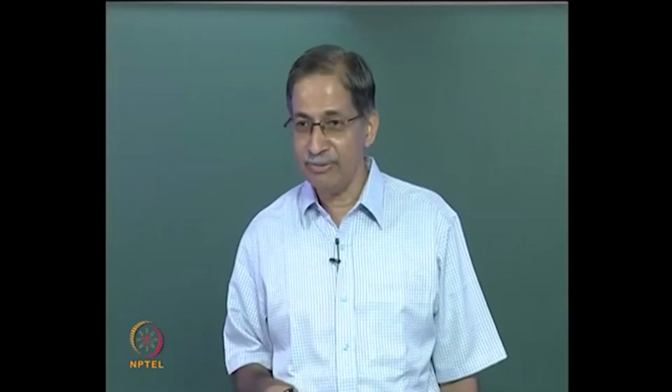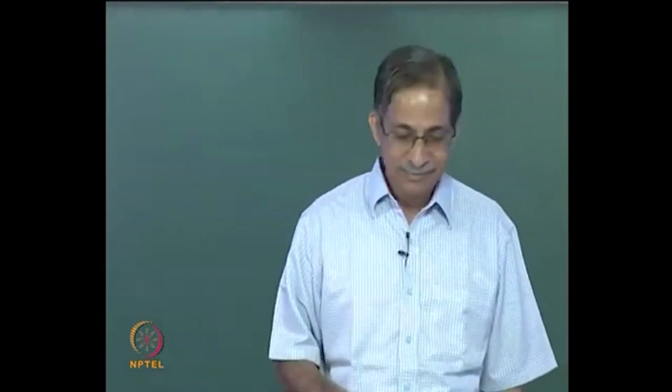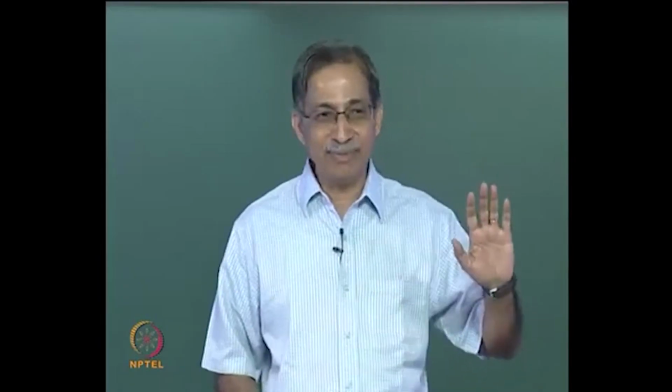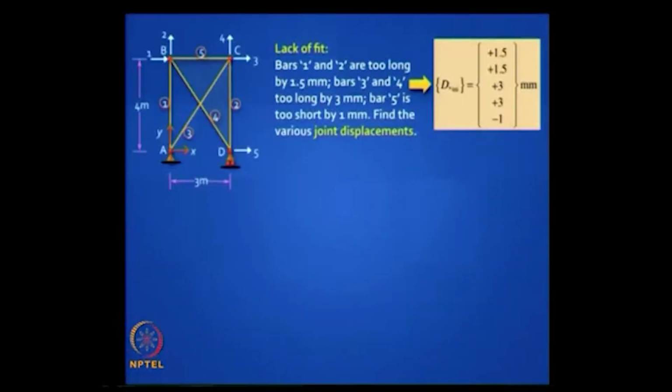How do you get it in a jiffy? Well, first you have to convert these into the language of matrices. How will you write that? You have an initial displacement element level vector which you can write like that, D initial, short for initial. Do you agree? I put plus when I have a larger length, put minus when I have a shorter length. Does it make sense? Right?